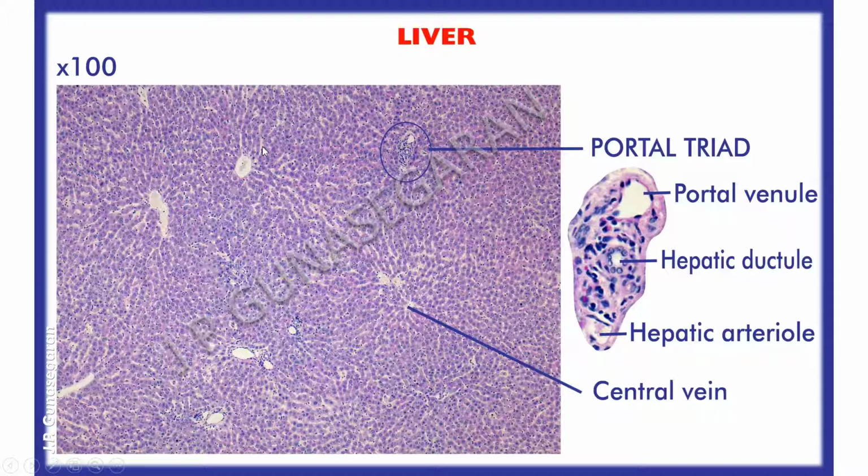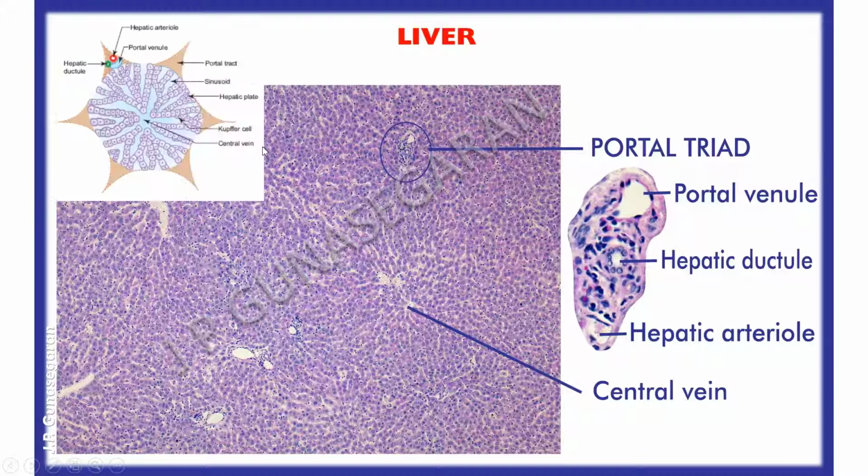These sinusoids are lined by discontinuous endothelium. The structure of the hexagonal liver lobule can be better understood in a schematic picture. Here you can see a central vein with radiating hepatic plates or cords enclosing sinusoids between them.